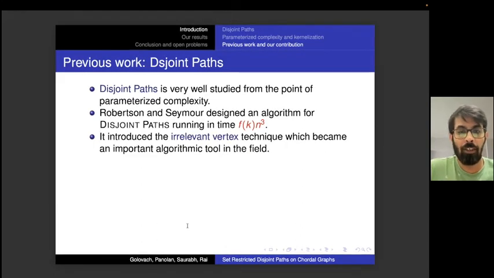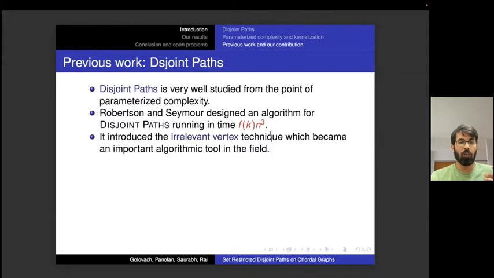And it uses the irrelevant vertex technique, which became quite an important algorithmic tool later. But the thing was that this f in their f(k) n^3 was a very fast growing function. So effort started to look at restricted graph classes and bringing this f down.